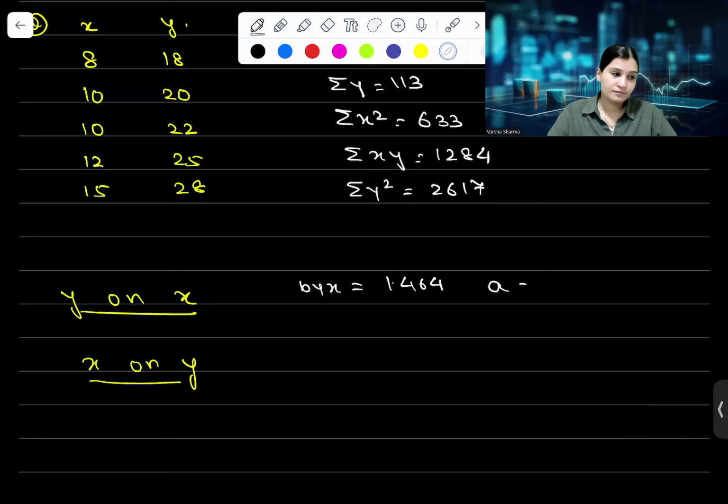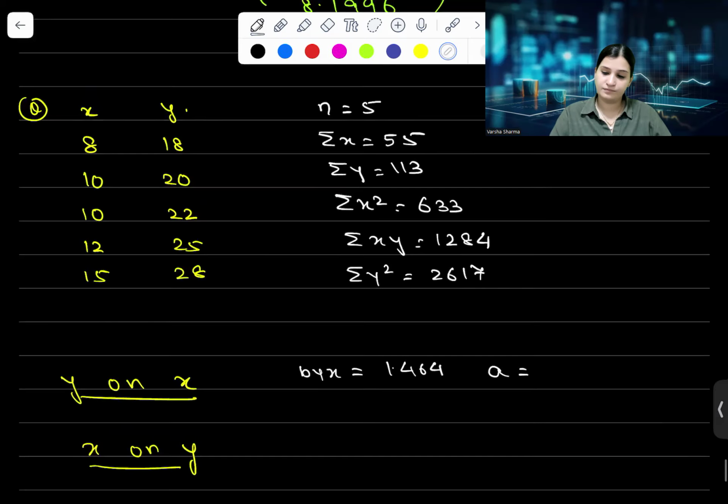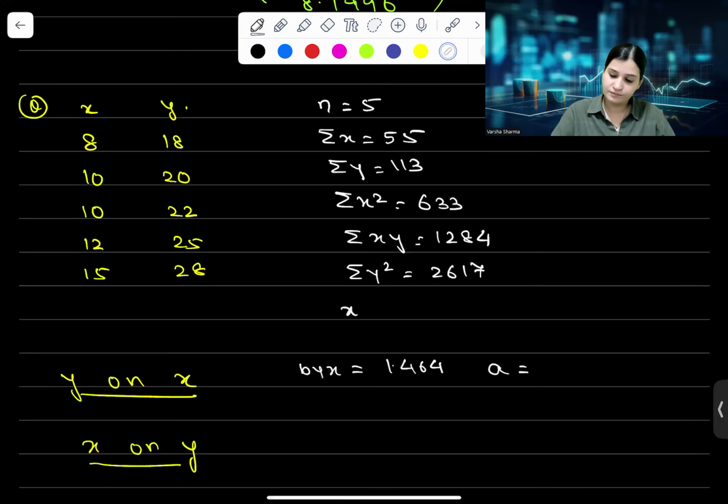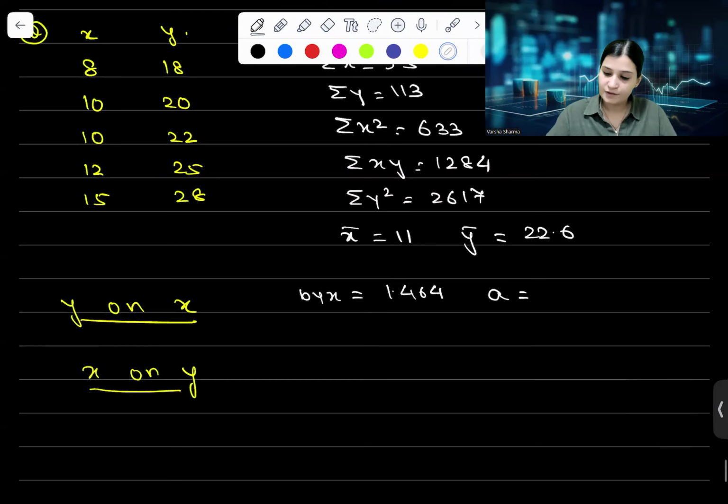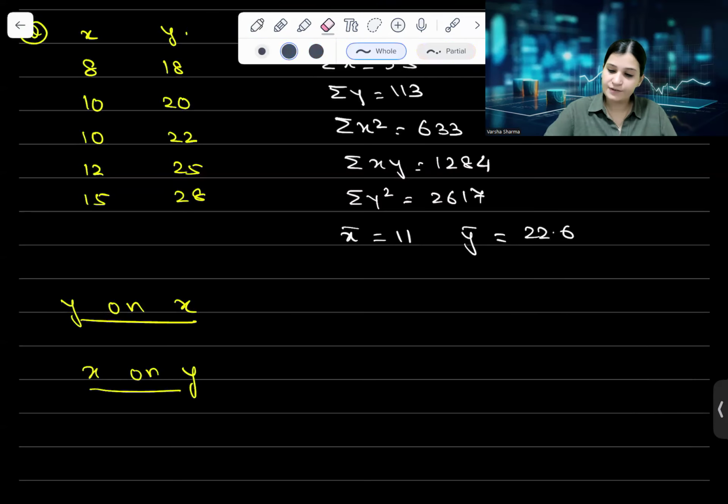What is a? Okay. Check your covariance, should be 8.2.